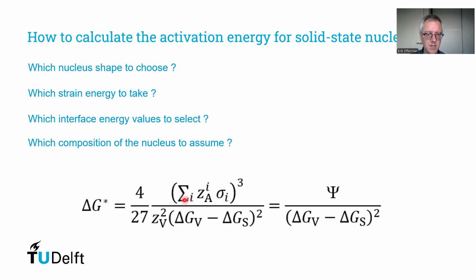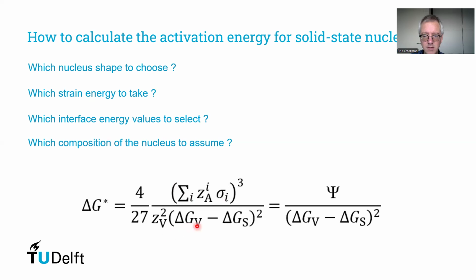And there's a summation here, because a nucleus might be described by different interfaces, different areas, as opposed to a spherical nucleus that's just one area. There is here a volume factor, so a shape factor. There's the strain energy, and there's here the driving force for the nucleation.